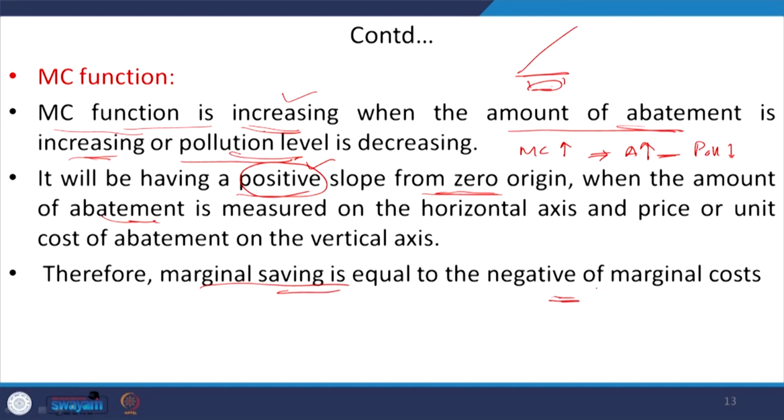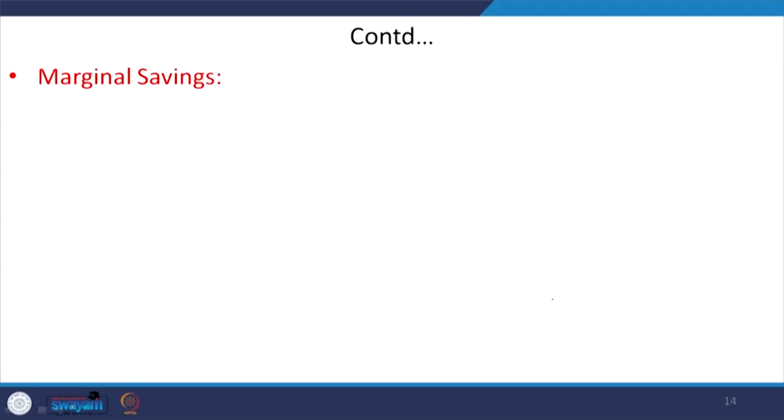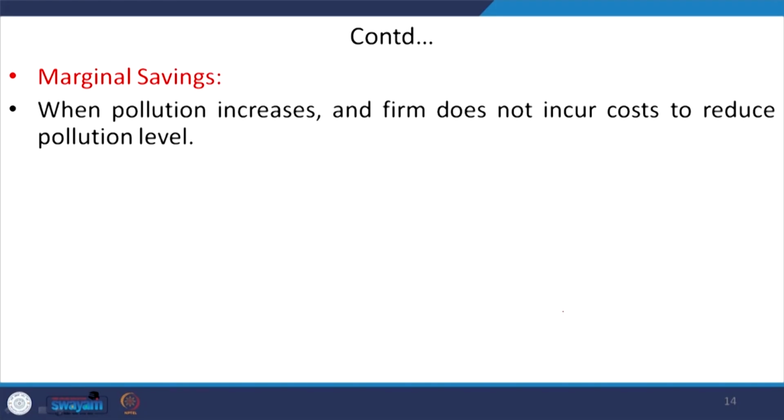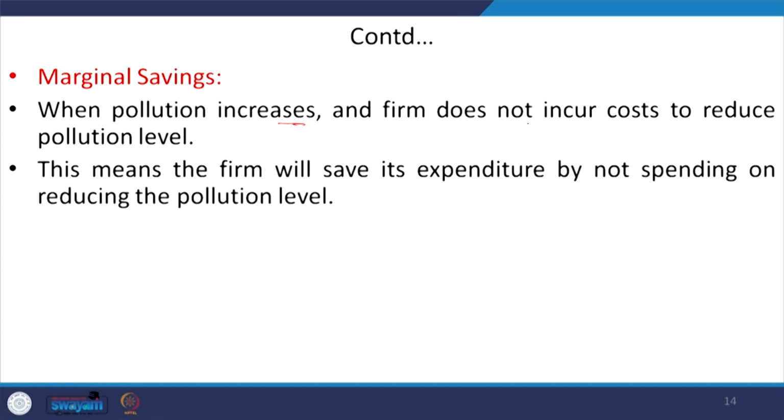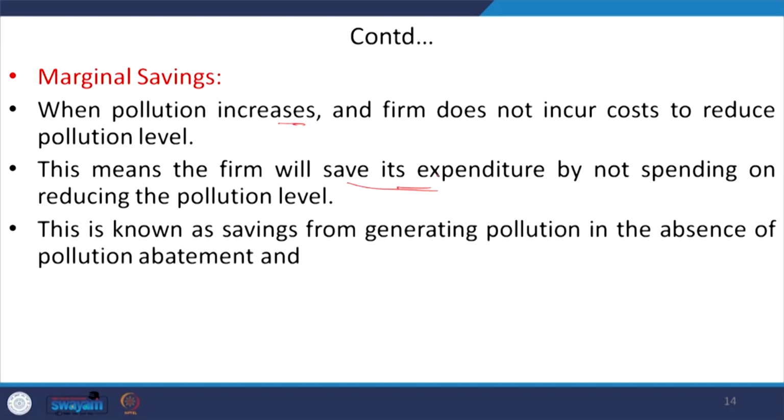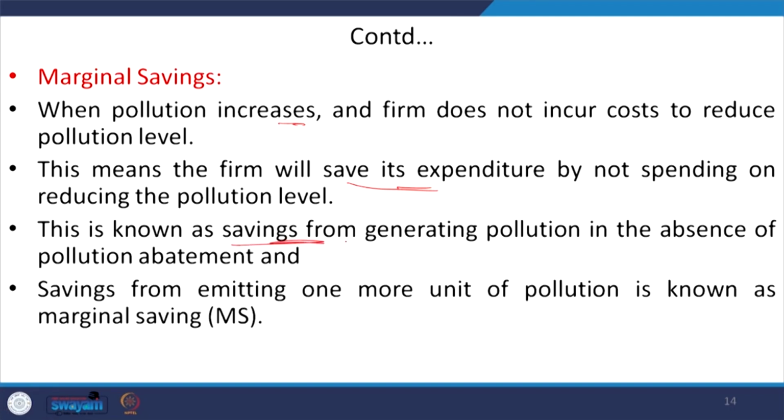Now, we can graphically display this figure. What we are talking about is that when the pollution is increasing, the firm does not incur the cost to control the pollution level. This means that the firm will be saving its expenditure by not spending on reducing the pollution level, and this is known as the savings from generating pollution in the absence of pollution abatement.